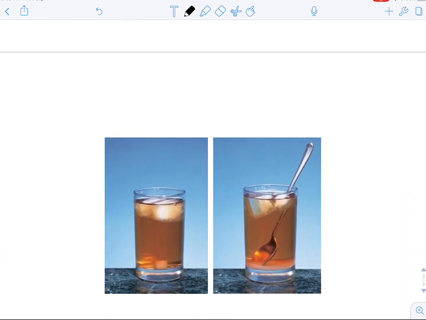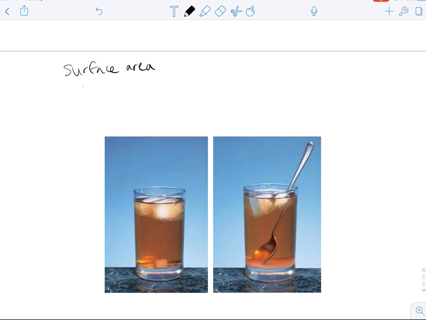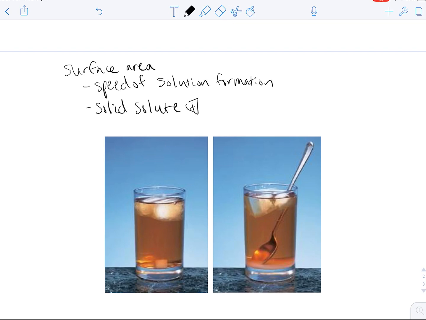First is surface area. Surface area doesn't actually affect our solubility. It just will allow us to solubilize more quickly. So this gives us the speed of solution formation. Here we're talking about a solid solute plus liquid solvent.